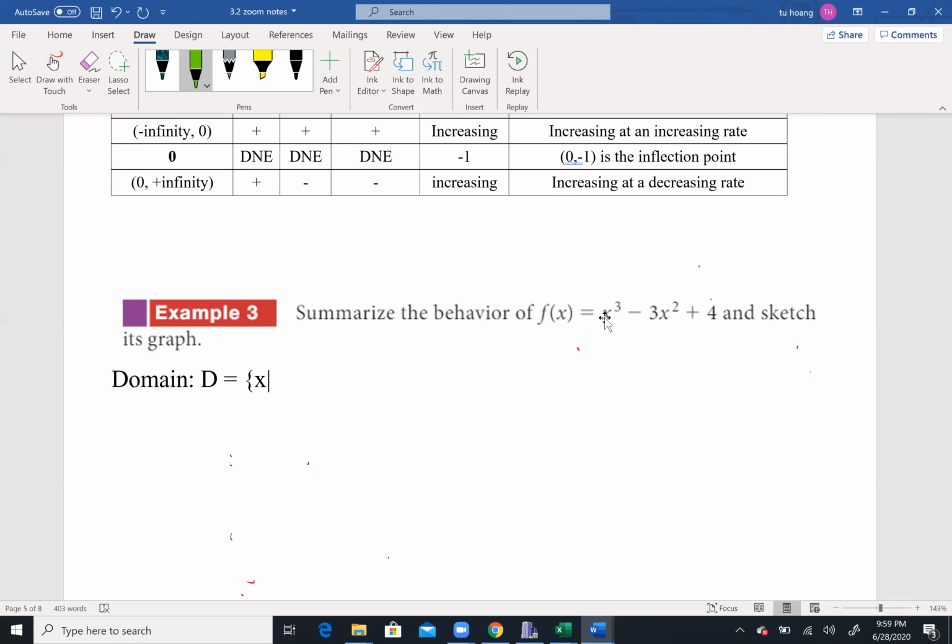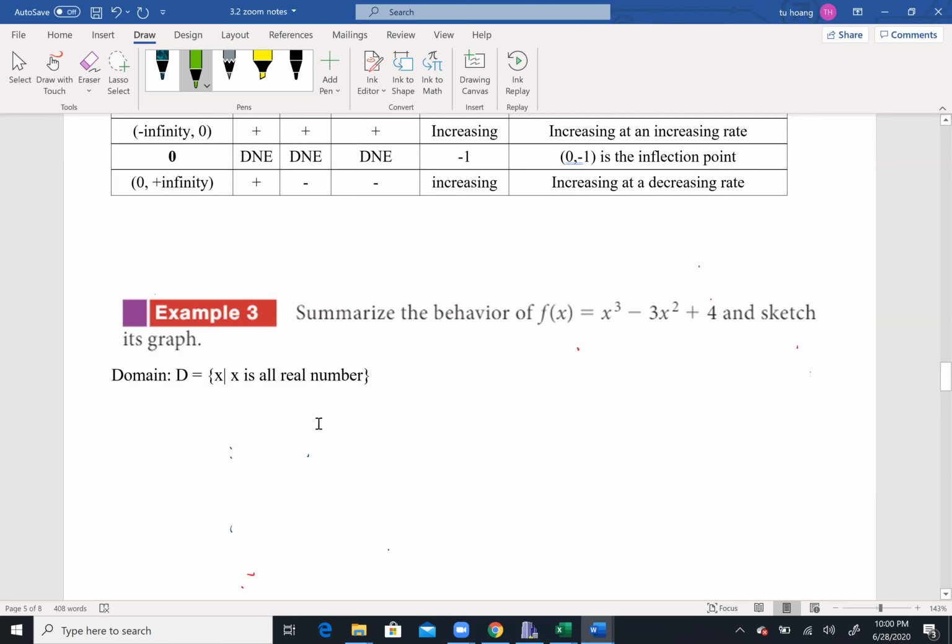If it becomes like an exponential function or rational function like a quotient, then the domain has some restriction. But in here, there's no restriction at all. So x is all real numbers.